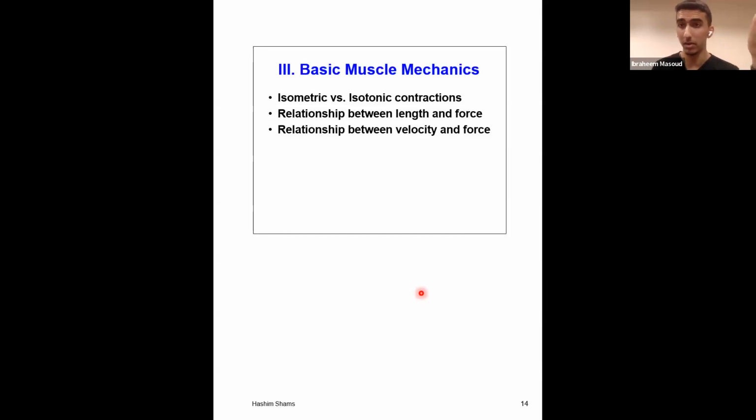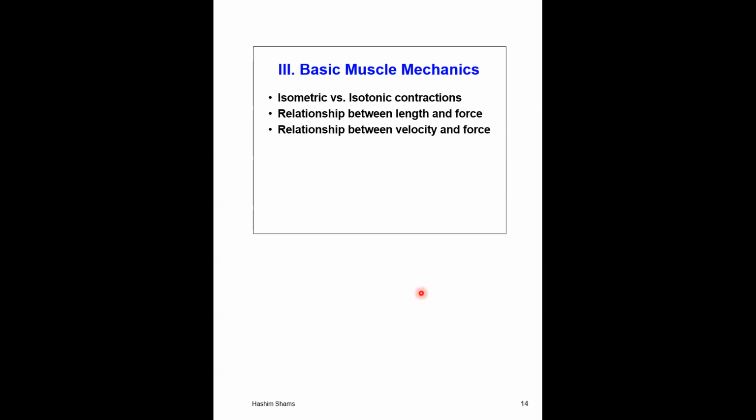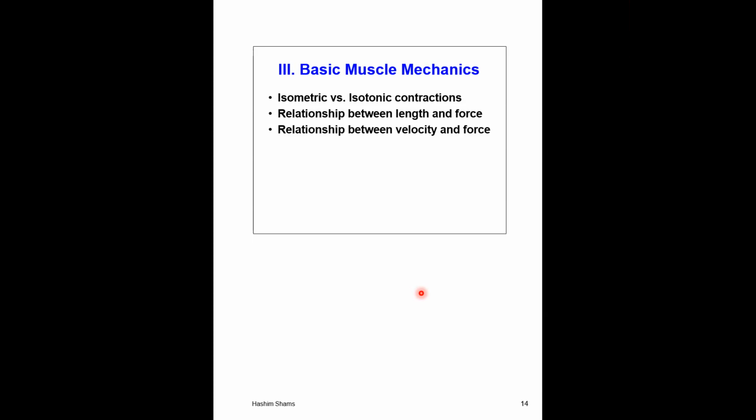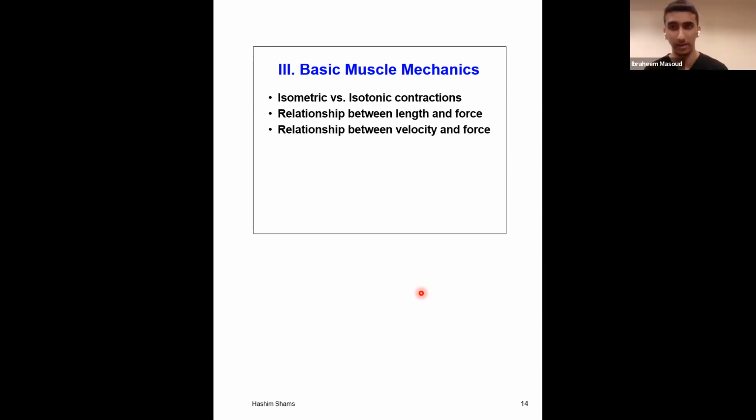Calsequestrin is a buffer for calcium. We have a lot of calcium inside the sarcoplasmic reticulum. It will hold some for itself to allow more calcium to come in and replace those. Basically, it buffers some to highly concentrate calcium, because we don't want any calcium outside, right? That's basically its job. It's a calcium buffer. I hope that answers your question.